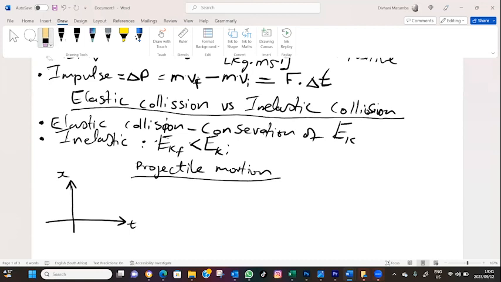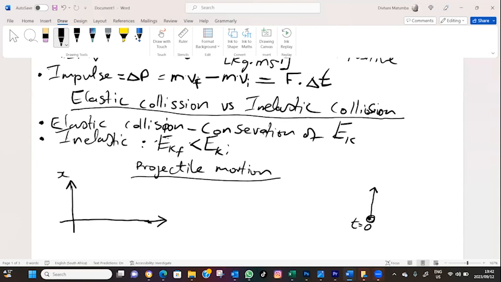Say I throw a ball upwards. At t0 initially, as I throw it upwards, that ball will have maximum velocity at that point.